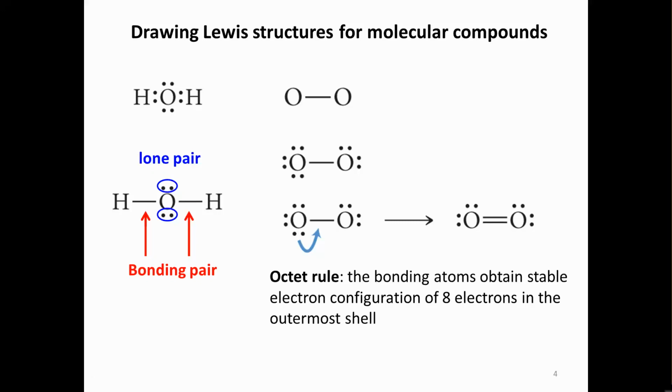Similarly, let's count the number of electrons on the oxygen on the right. I count 1, 2, 3, 4, 5, 6, 7, 8. So again, the oxygen on the right also has an octet. To draw the best Lewis structure to describe O2, this is the one, because each oxygen has fulfilled the octet rule. All of them have 8 electrons.